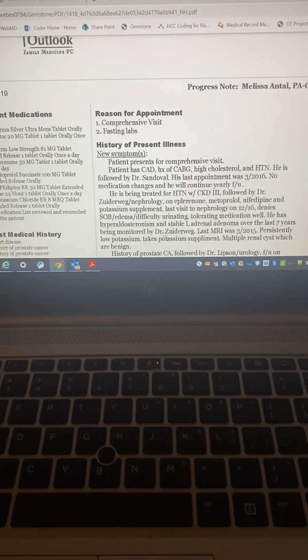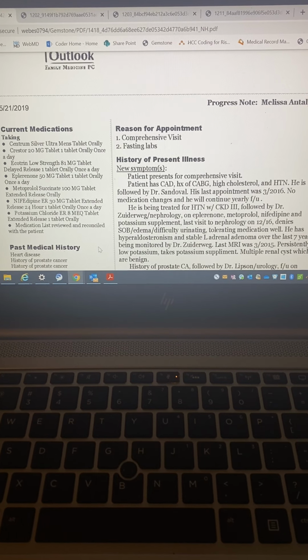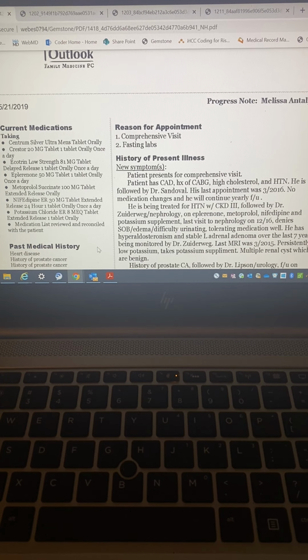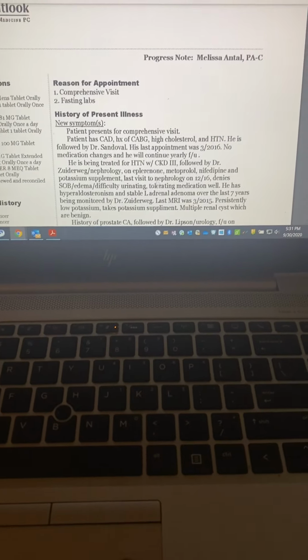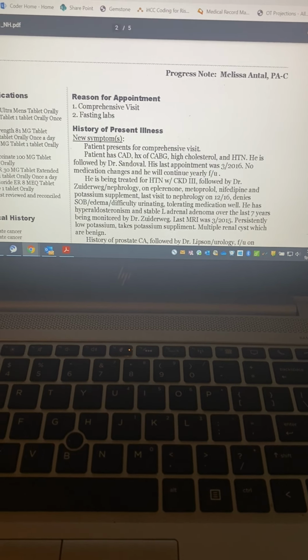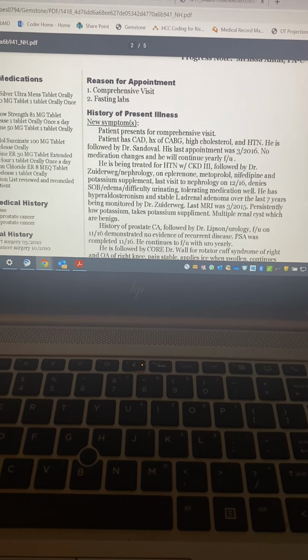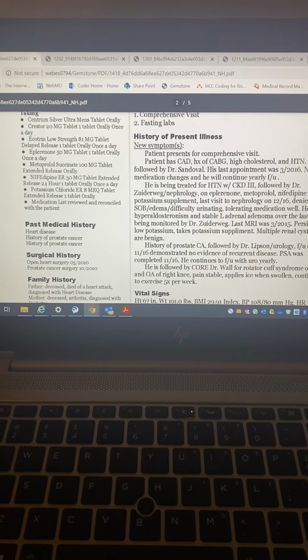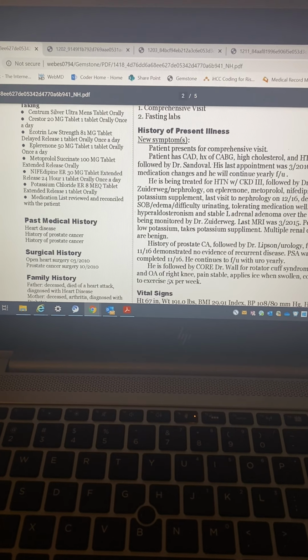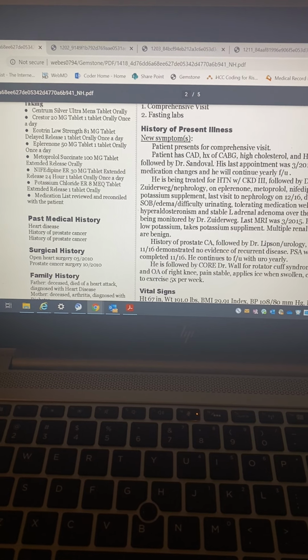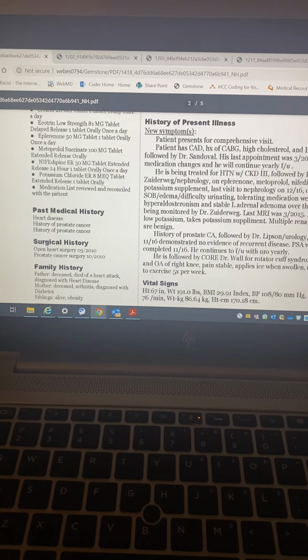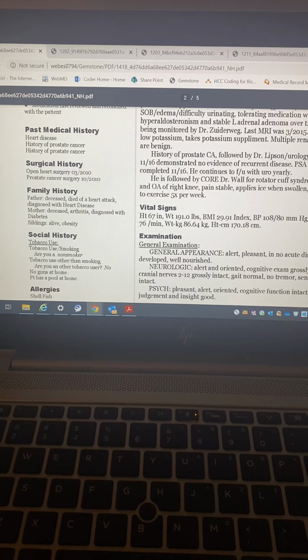This person has former heart disease and a history of prostate cancer. The past medical history is also very important because it gives us a glimpse into what this patient has had wrong with them in the past, because sometimes past illnesses can affect what you have presently going on. Okay, now we're going to go to the surgical history.